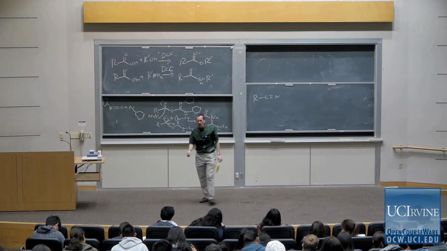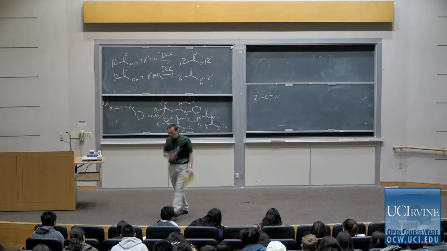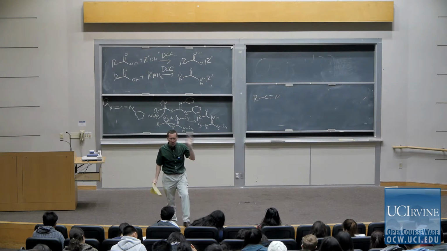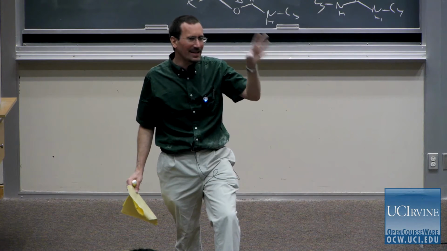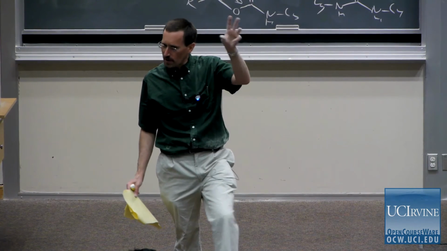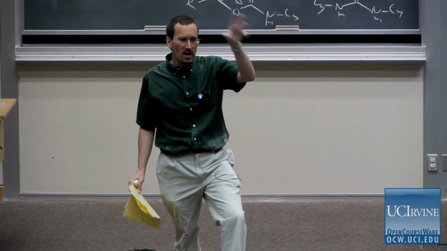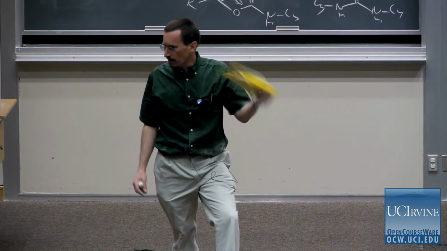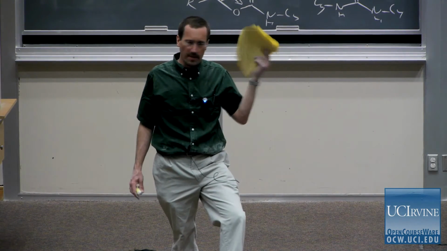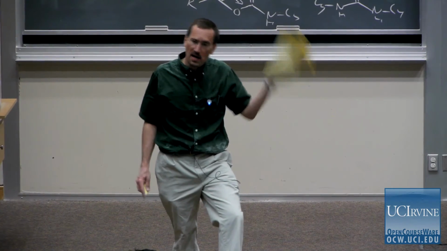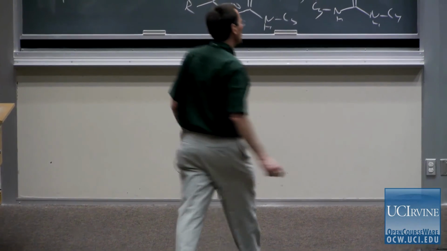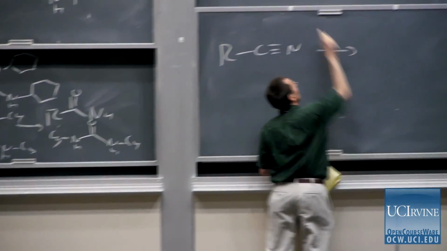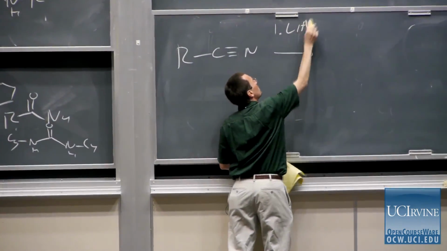Lithium aluminum hydride is a super, super good hydride nucleophile. It can push hydride into practically any double or triple bond between carbon and any sort of electronegative atom. It can push it into a carbonyl group. It can push it into an imine. It can push it into a nitrile. Lithium aluminum hydride generally reacts completely to reduce things down.